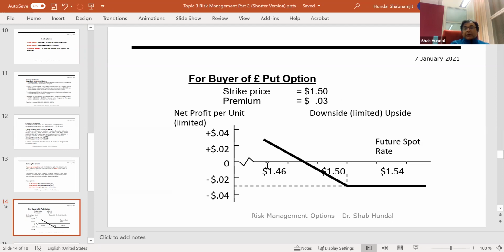If it is less than 1.46, even better for you. Let's say 1.40 is the market price. Well, the market gives you 1.40, the broker gives you 1.50. So you earn 10 cents minus 3, 7. Not bad. It means the lower the future spot price in comparison to the strike price, the better.